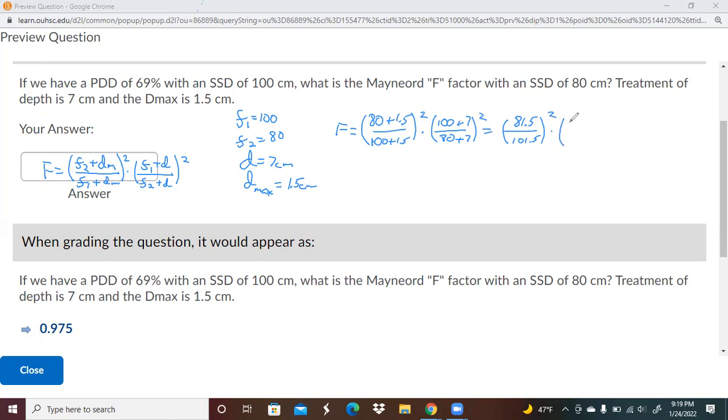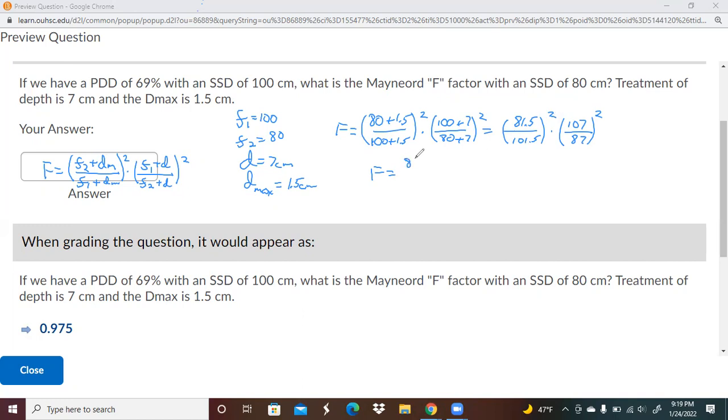Over here, you're going to have 107. And on the bottom, you're going to have 87. So your Mayneord F factor is going to be 81.5 divided by 101.5. That quantity is squared times 107 over 87, and that's going to be squared. So another way to look at this is you can divide what this is and then square it.